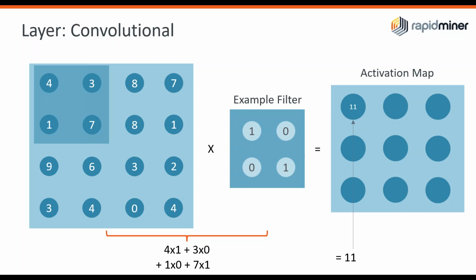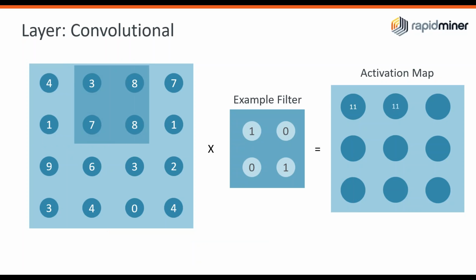And what you see, since we have some diagonal structure in the filter, we are just adding up the diagonal values. So here we're adding up 4 and 7, and this gives us an 11, and is the first value of the activation map. And then we move one step to the side because the stride we set up was 1. So now we are focusing on this area, and here again, we're just adding up the diagonal values. So 3 plus 8, and we end up with 11.